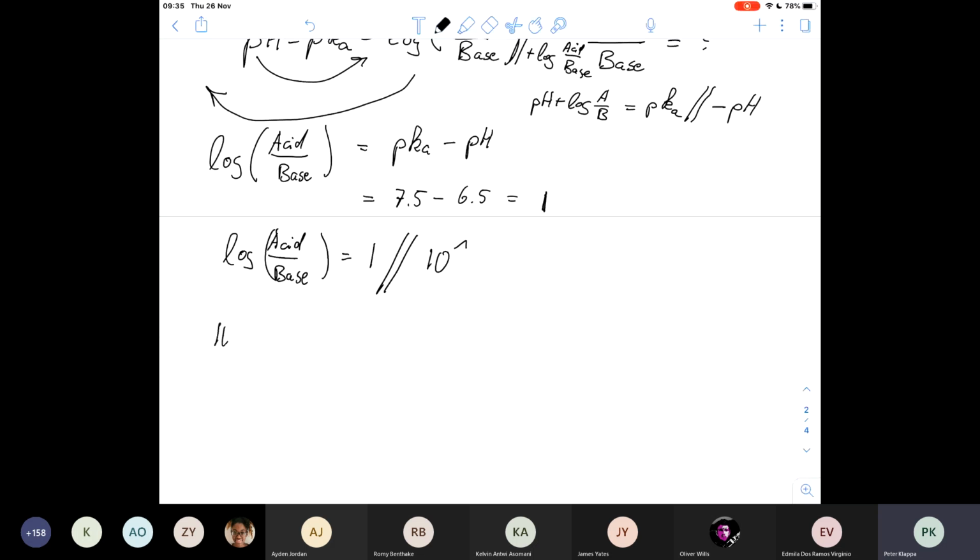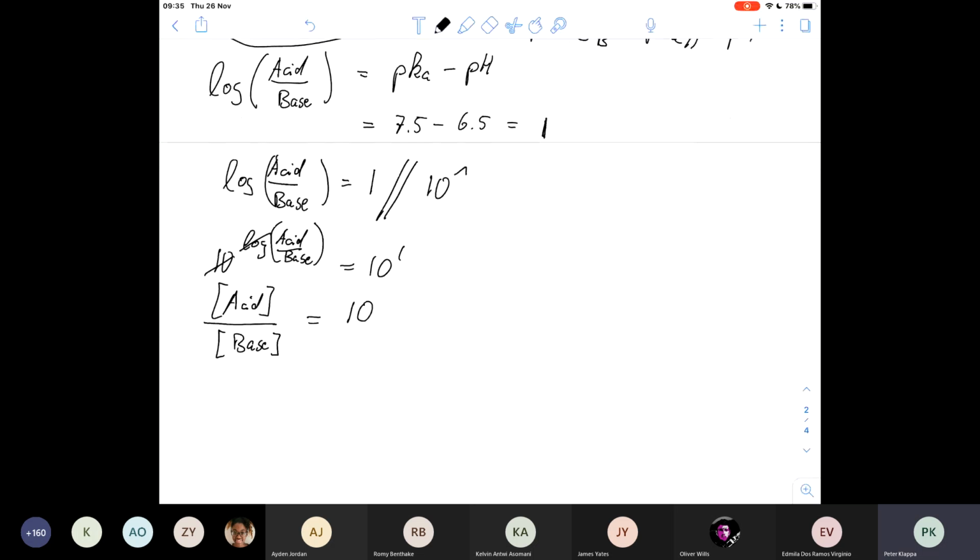So I've got 10 to the power of log acid over base equals 10 to the power of 1. 10 and log 10 cancel out. So I've got concentration of acid over base equals 10 to the power of 1, and that gives me 10. So I know that the ratio of acid to base must be 10.